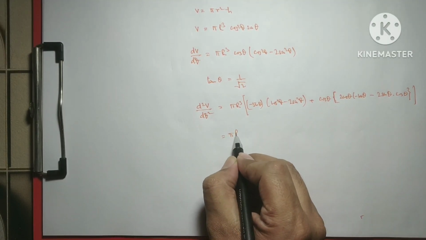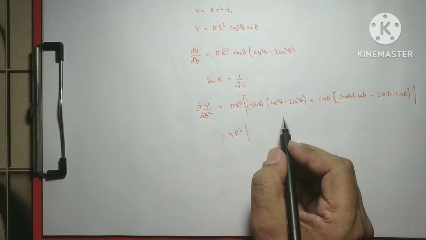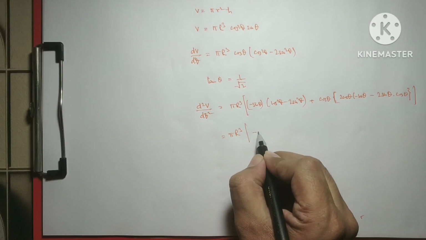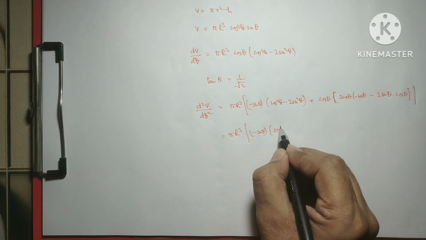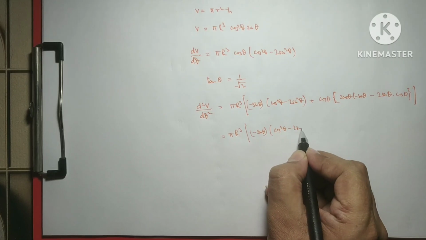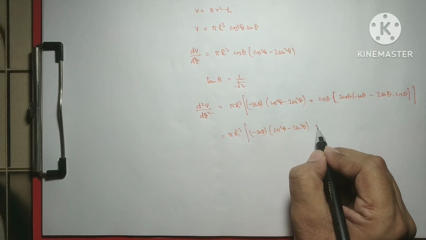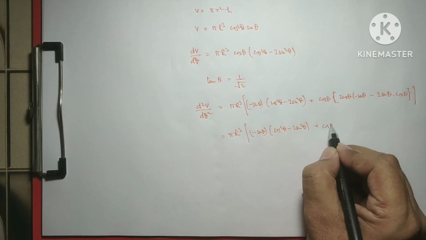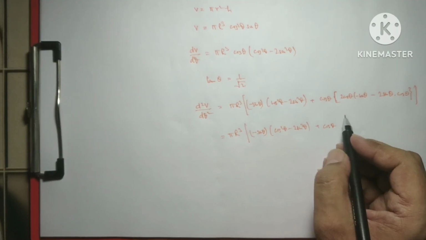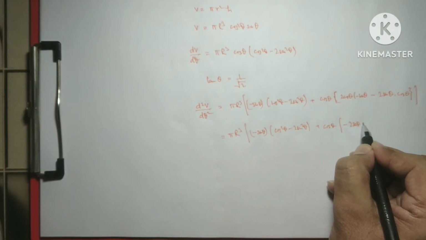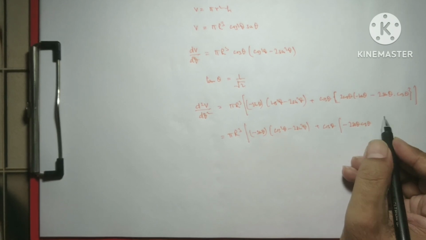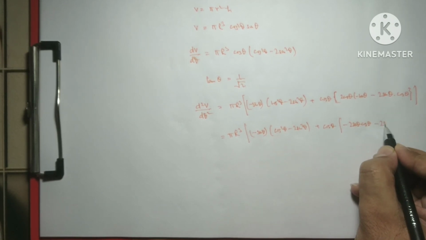So pi r cube, and there is minus sin theta into cos square theta minus 2 sin square theta, plus cos theta times minus 2 sin theta cos theta, and again minus 2 sin theta cos theta.